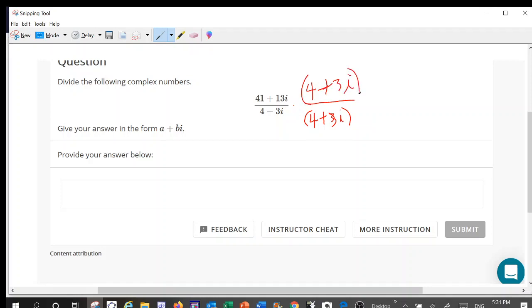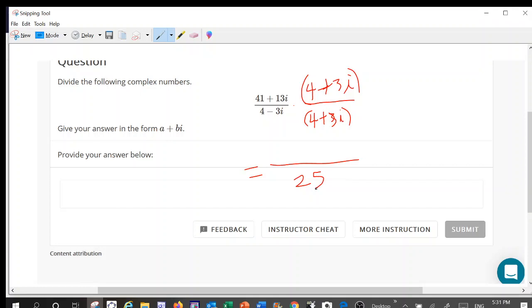Now we have to multiply the denominator by the shortcut. The denominator is 4 squared plus 3 squared, which is 25, right? 4 squared is 16, plus 3 squared is 9, so that's 25.